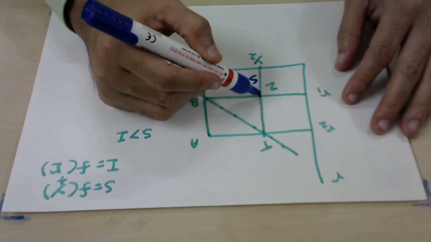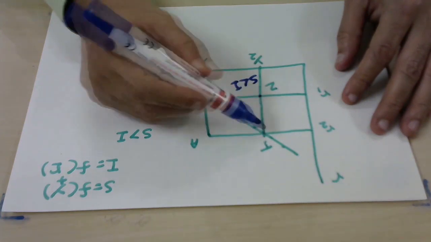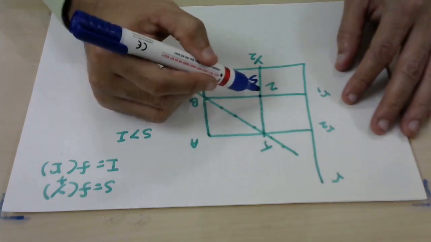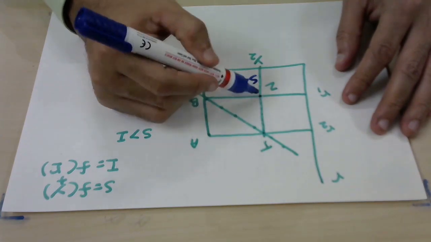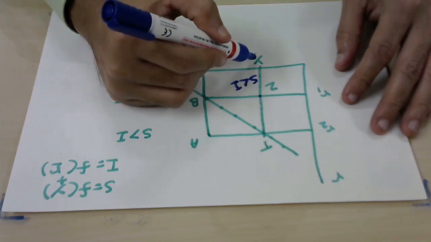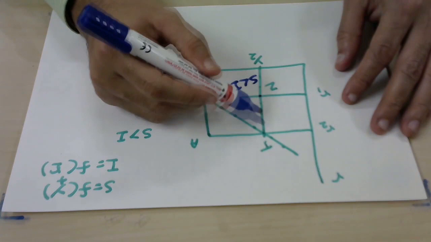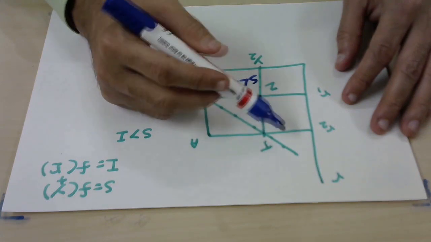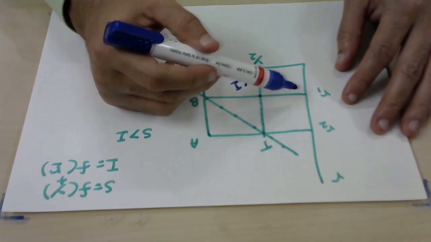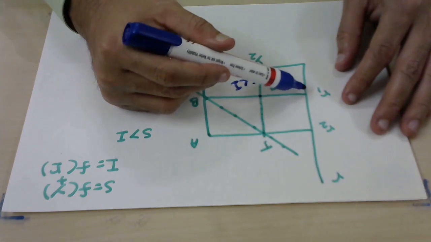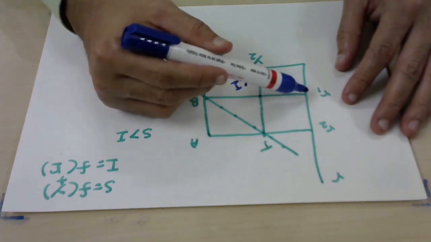If I consider point T on the IS curve and compare it with point Z, both at T and Z, income level is the same, so savings will be the same at both T and Z, but interest rate is relatively low at R1.